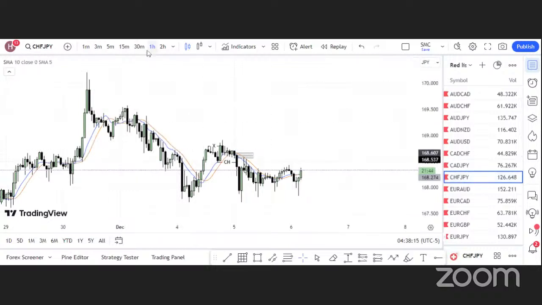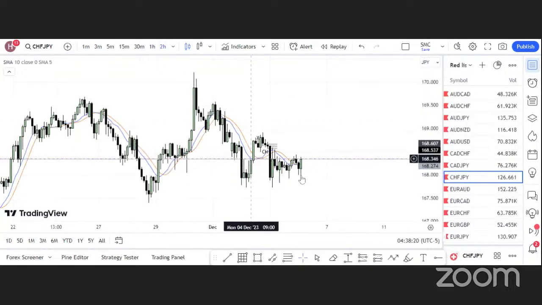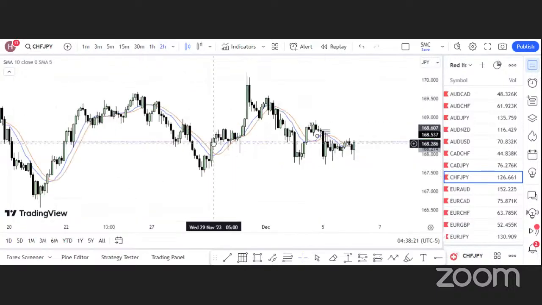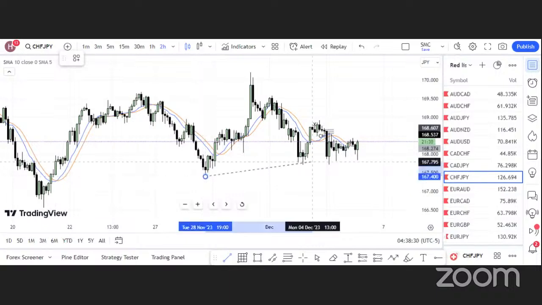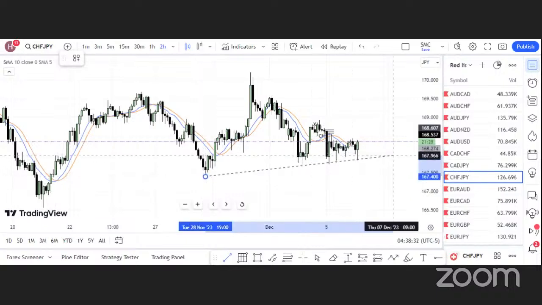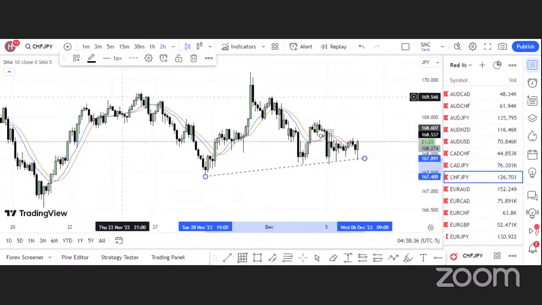So we are currently on CHFJPY, and hopefully we are able to get a proper entry here. The entry that we could have gotten started playing out even before I could place a trade.